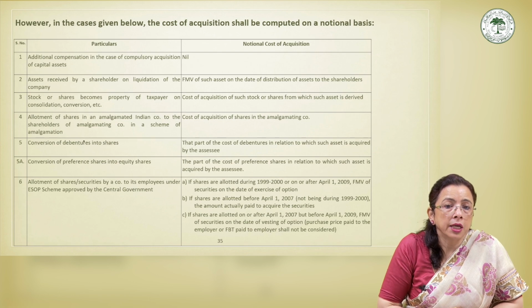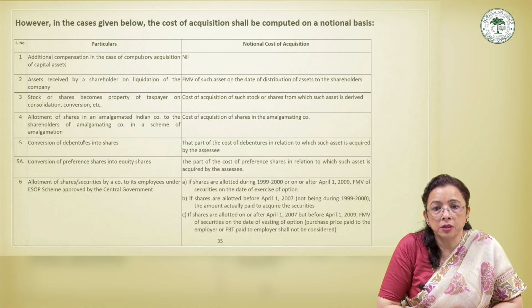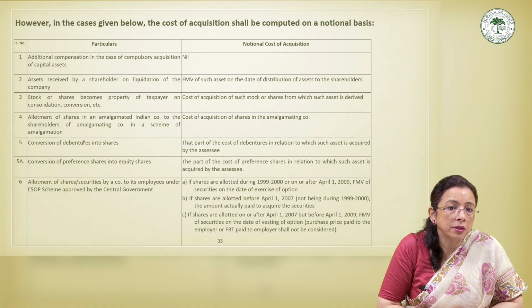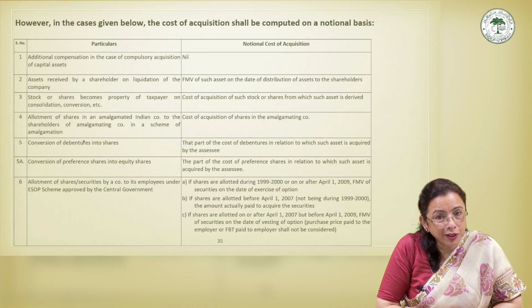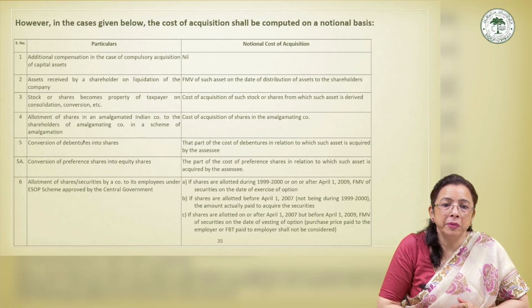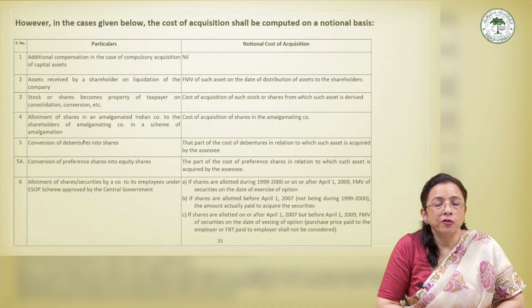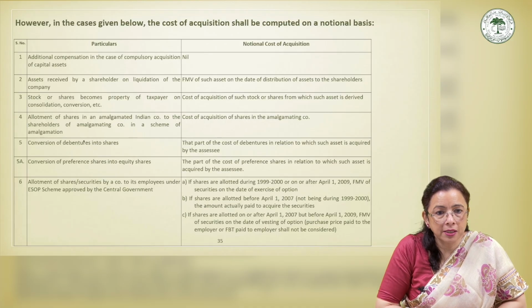This ensures continuity of investment cost after conversion. For example, preference shares purchased for rupees 80,000 are later converted into equity shares. So rupees 80,000, or the proportionate cost, becomes the cost of acquisition of the equity shares.